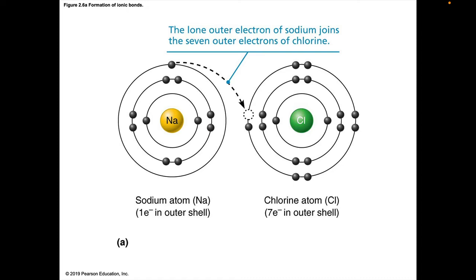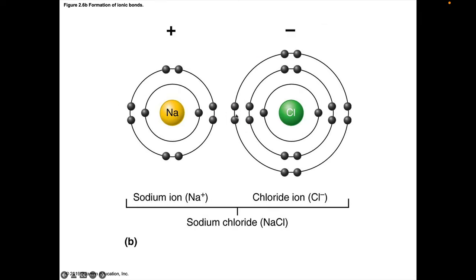And so the example in your book, sodium and chlorine: sodium has 1 electron in its outer shell. Chlorine has 7 electrons in its outer shell. And often they say chlorine steals that electron and completes its outer shell.